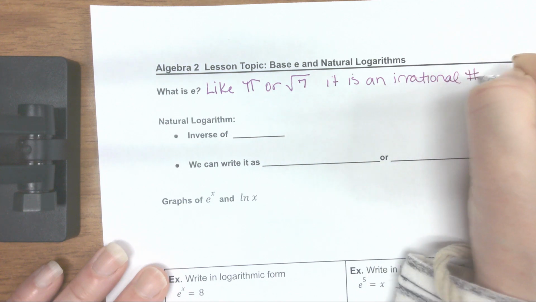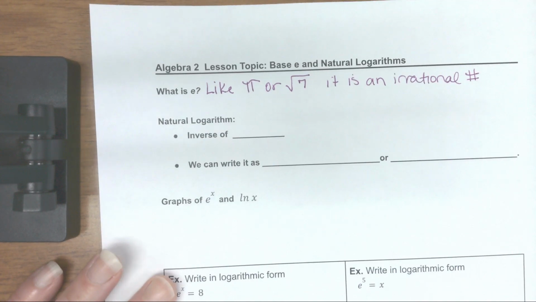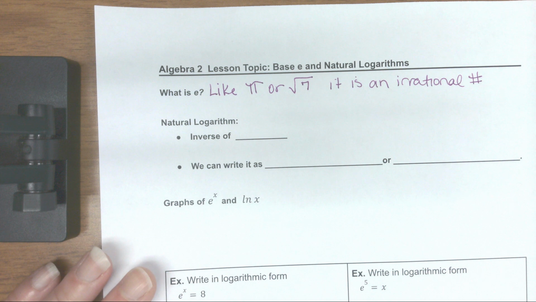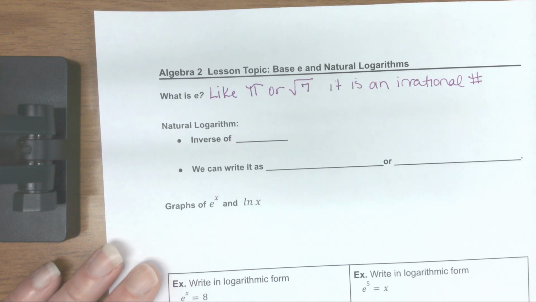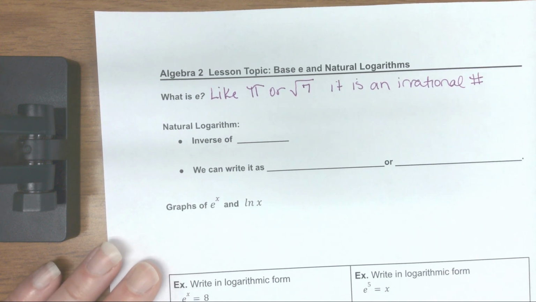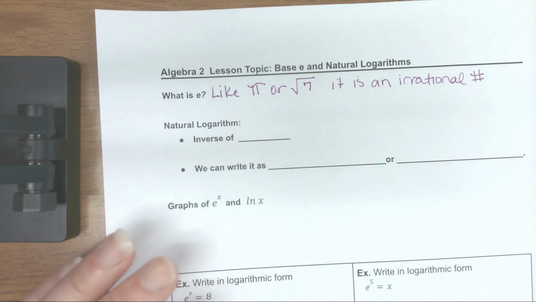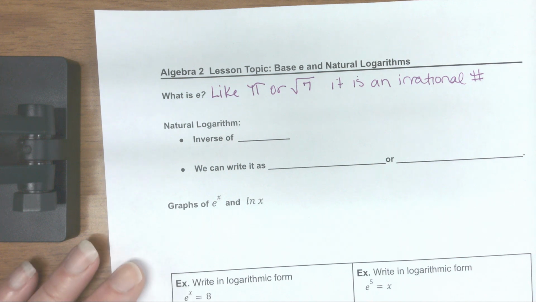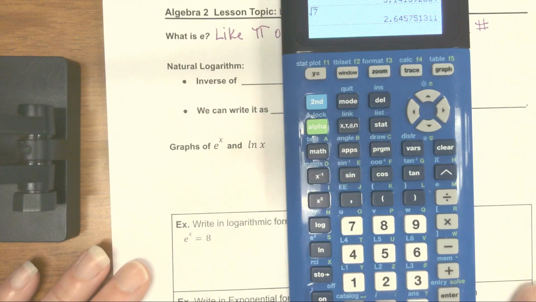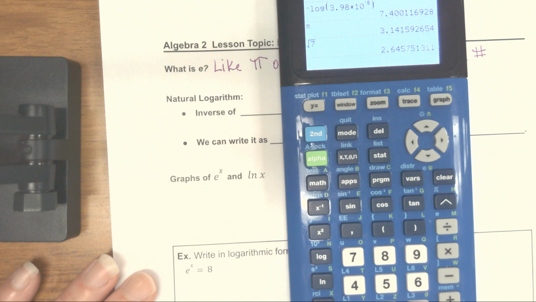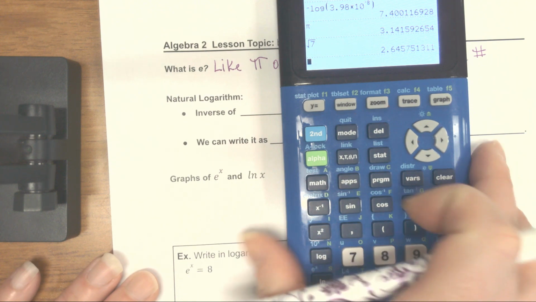Irrational just means we cannot simplify it to a fraction or a finite decimal or even a repeating decimal. Let's figure out what it is approximately. You know how we say that pi is about 3.14? So for E, I'm going to type it in.